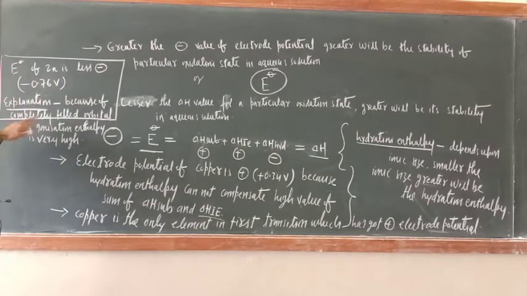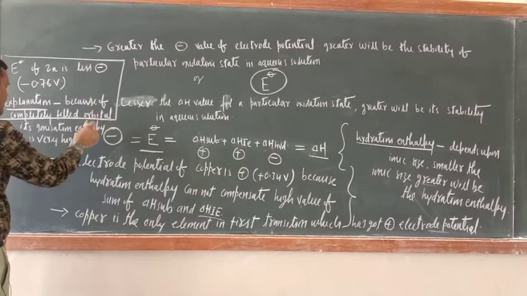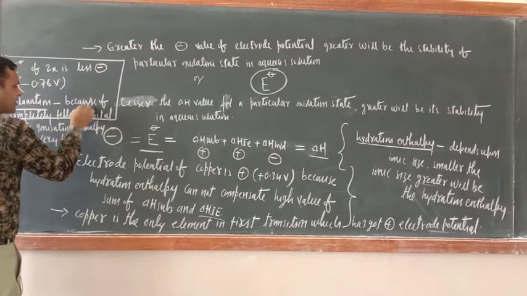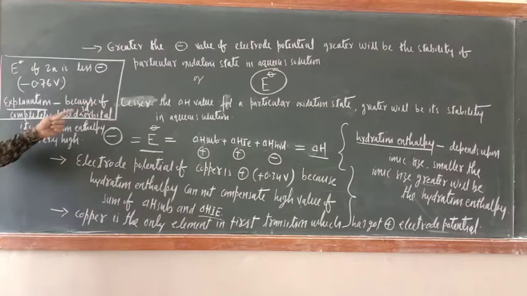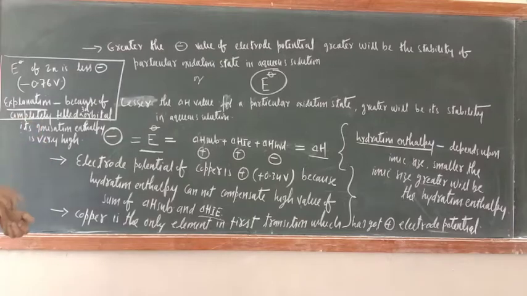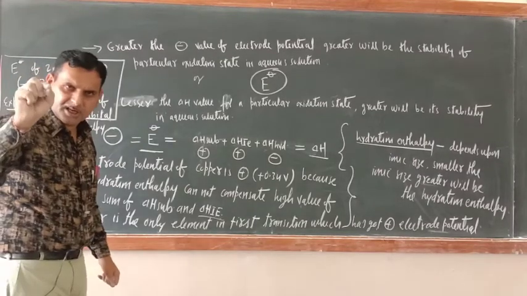So just see, the electrode potential value of zinc is less negative because of the completely filled 3d orbital. Here write 3d orbital. 3d is having 10 electrons or not? Its ionization enthalpy is very high. In zinc's case, 3d10 is there or not?